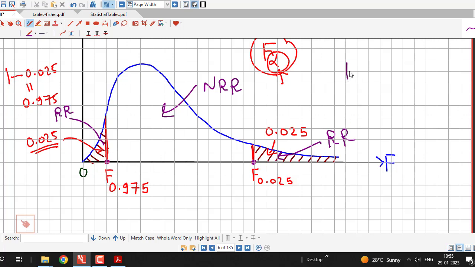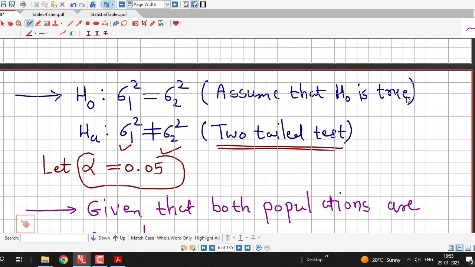Now the F distribution table always gives us critical values f alpha such that the area to the right of f alpha is alpha. So now I am going for the F distribution, and here the area to the right is 0.025. So I have to search the F distribution table for alpha equal to 0.025, and the numerator degrees of freedom are the first sample size minus 1.